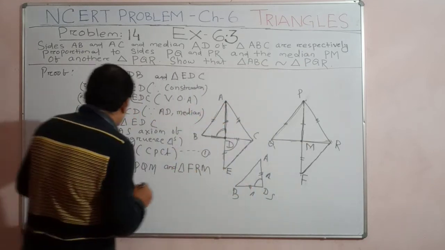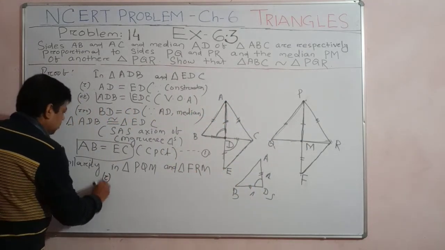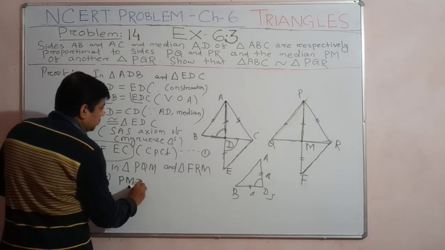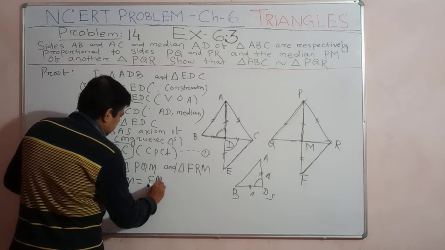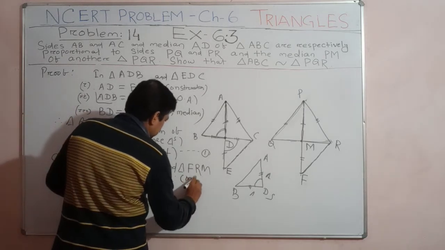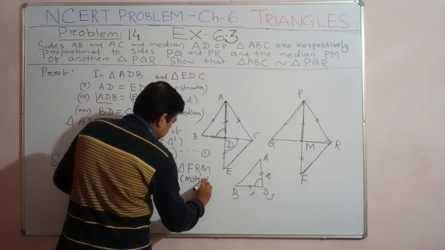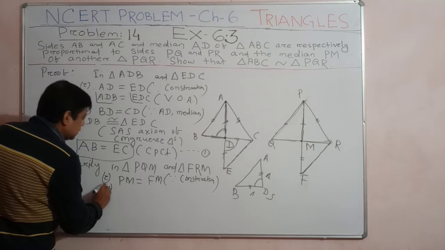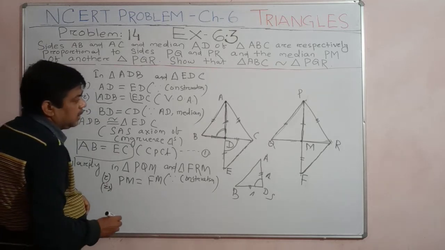In these two triangles, you clearly understand PM is equal to FM, since construction, we have already done the construction.